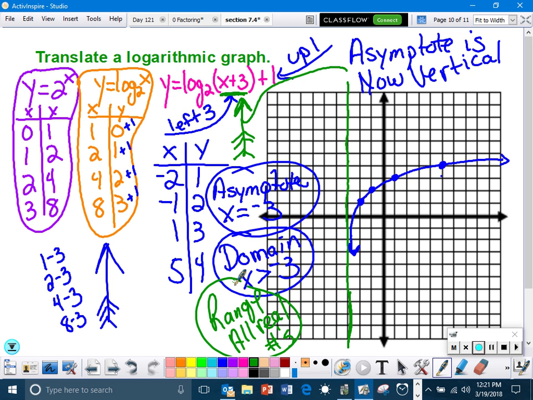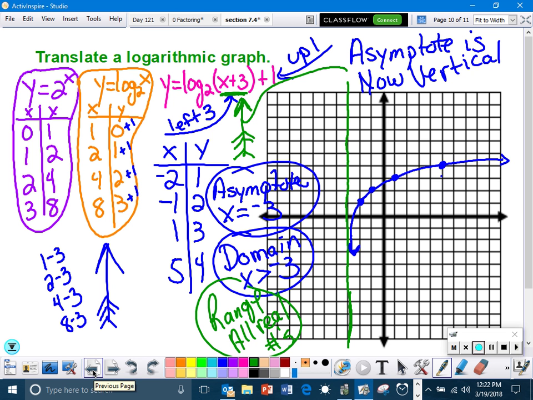Okay, let's do one more. I'm going to make it easy, and I'm just going to keep the same base. I'm just going to keep it log base 2. Except I'm going to need a graph, so I'm going to grab this.